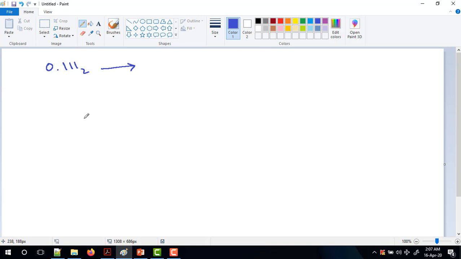The technique of converting this number into a decimal number is the same. You have to multiply every bit towards the right of the point by 2 to the power minus n, and every bit towards the left of the point by 2 to the power m, starting from 0.